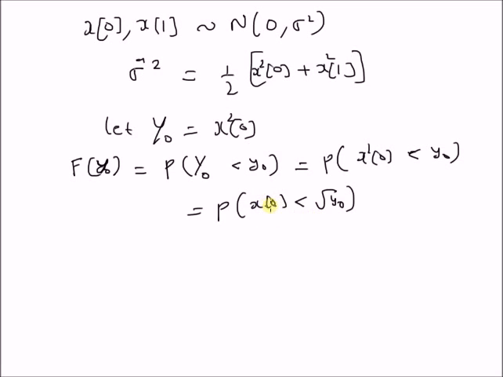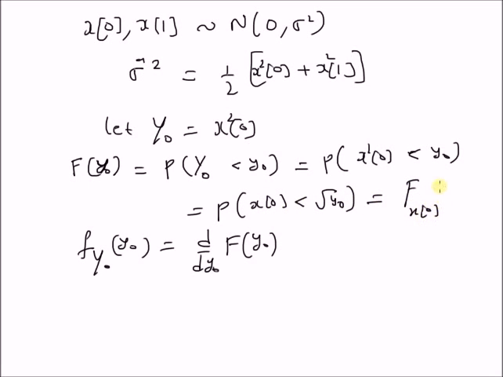Since we know the probability distribution of x of 0, we can determine the probability density function of y0. So f of y0 at y0, that is the PDF, is equal to the derivative with respect to y0 of the CDF. This probability can also be written as the CDF in terms of x0 at square root of y0.